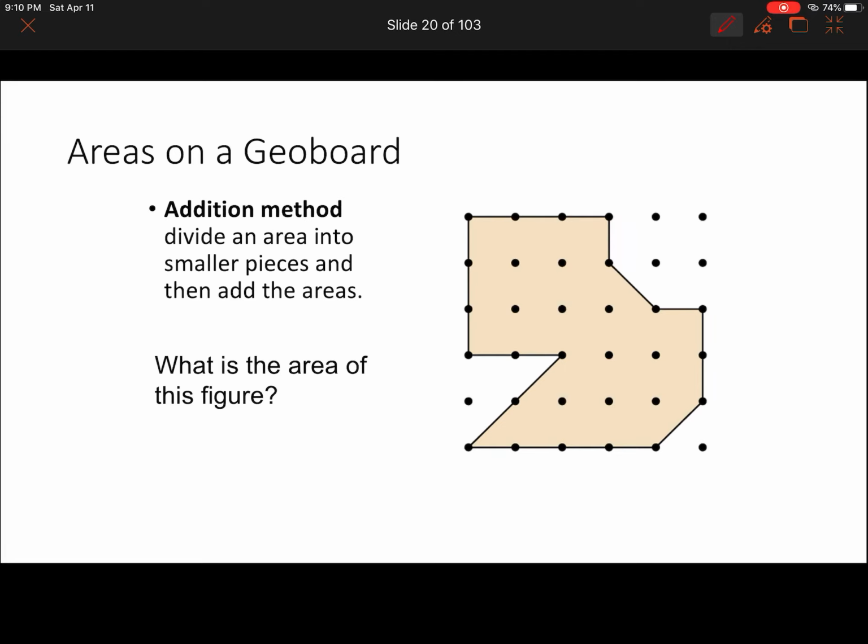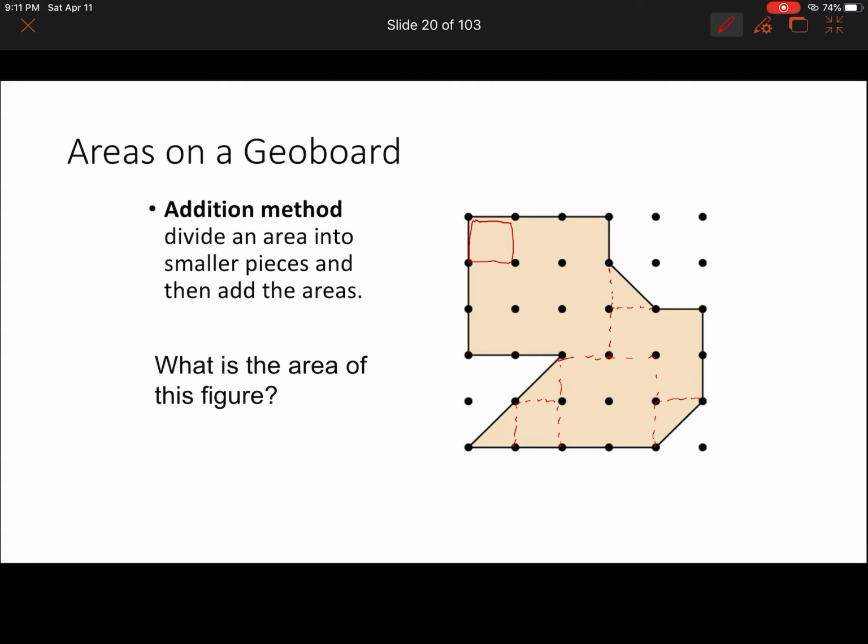So first thing I see is that if I were to take this and make a square, and then, again, you can do this a number of different ways, I would take this piece and make another square, and then maybe have a rectangle and another rectangle, and maybe break this like that. And so what you see then is that each square is one unit, one square unit.